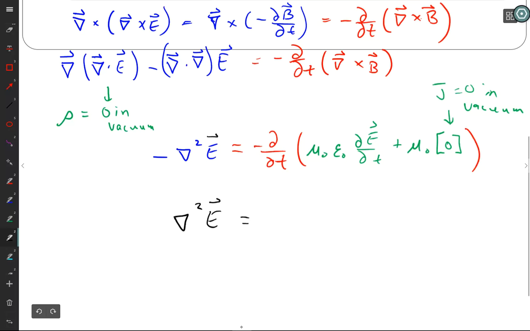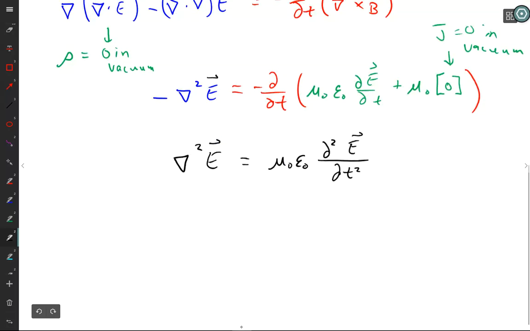Is equal to mu naught epsilon naught second derivative, because it had d/dt of d/dt. Or as we usually write this, actually, no, that is how we usually write it. What am I saying?